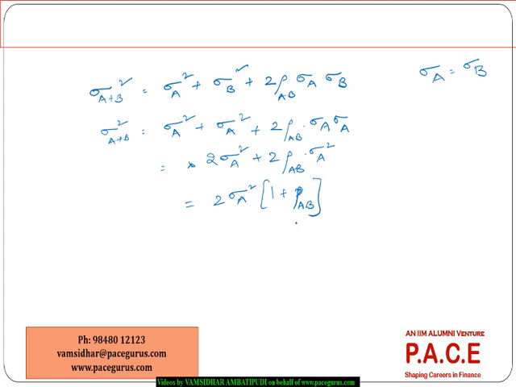Now we know that the correlation between A and B can be anywhere between -1 and +1. So if I assume that it is -1, then the variance of the portfolio is 0.